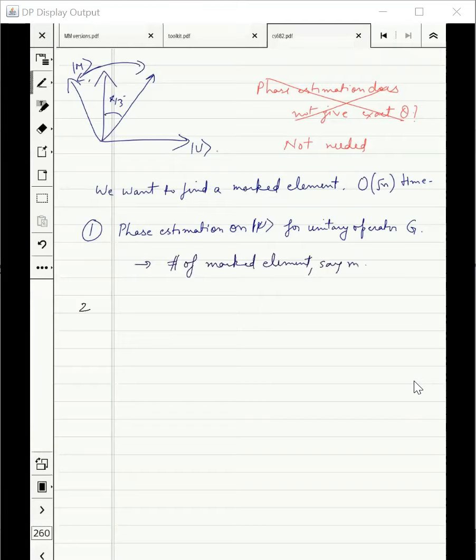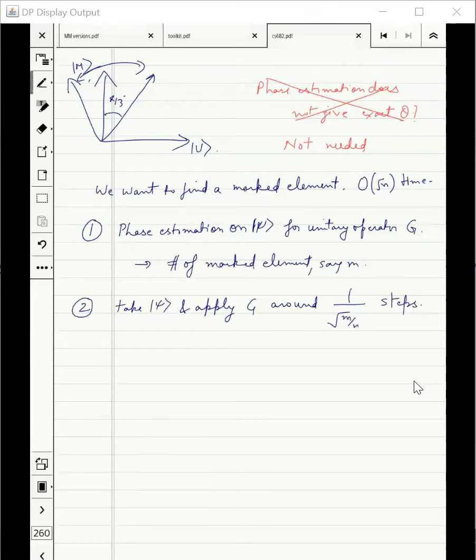And the second step would be to take psi and apply G around 1 by square root of M by N steps, right?